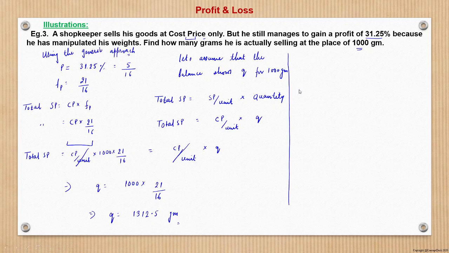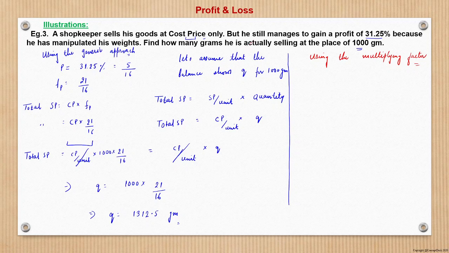So now using the multiplying factor method, here we actually find how many grams he is actually selling. I just modify this question a bit, the language actually.